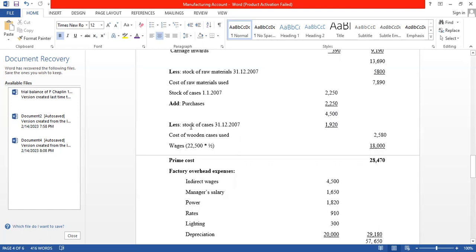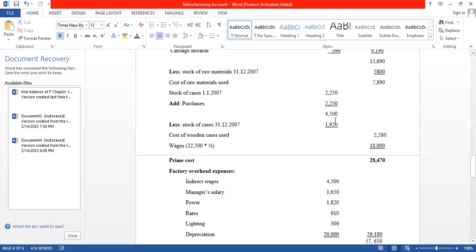Now, remember I was telling you about when they asked for the stock of cases at the 31st of December just now? This is it, $1,920. Now they said to less the stock of cases at the ending of the year. So we're going to subtract that $1,920 from $4,500.